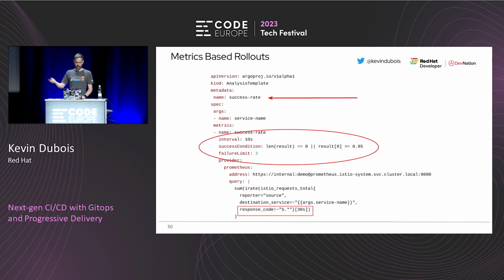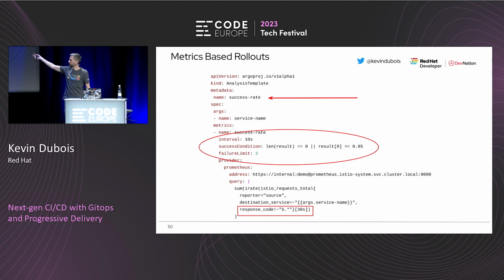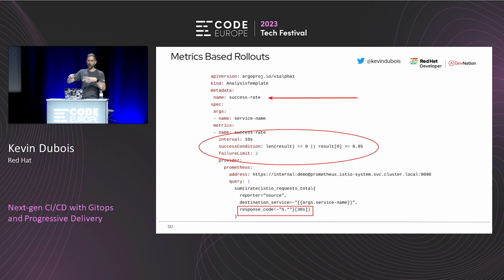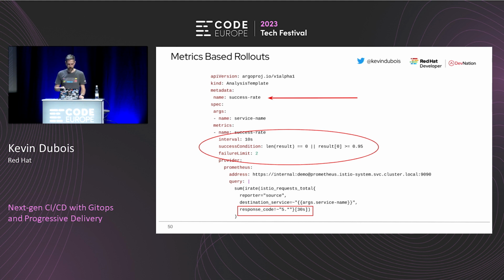The success condition is, in this case, from a provider, Prometheus, where I'm saying look at my service, if there are any 505 or whatever errors over the last 30 seconds, and if so, then after 2 failures, roll back. So you can be very fine-grained about how you're doing your deliveries.